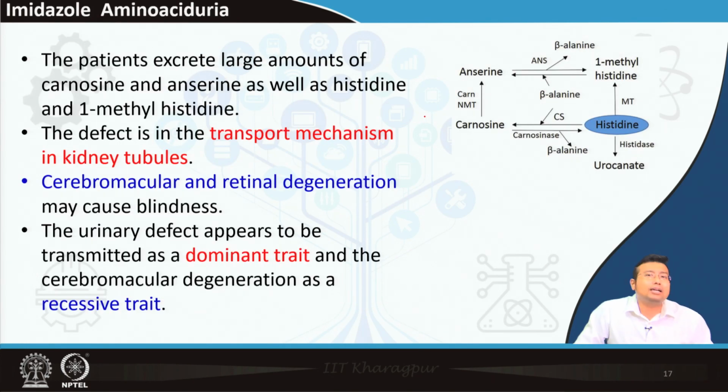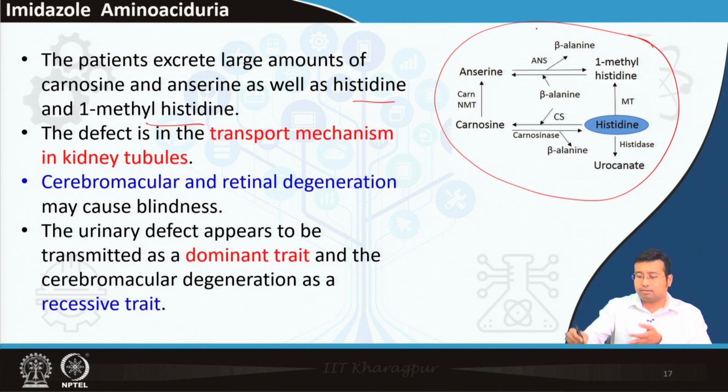Now, imidazole aminoaciduria. What is imidazole aminoaciduria? It is a defect in renal transport mechanism. So, these amino acids and its products, its dipeptides are excreted in large amount, that is histidine and 1-methyl histidine, right. We already read this reaction a while back.